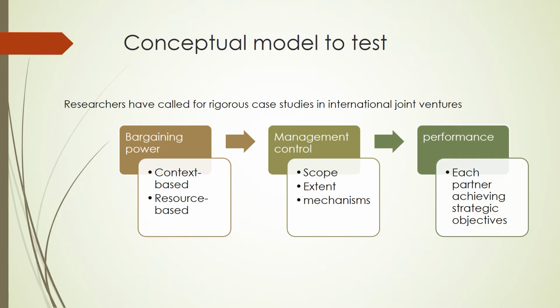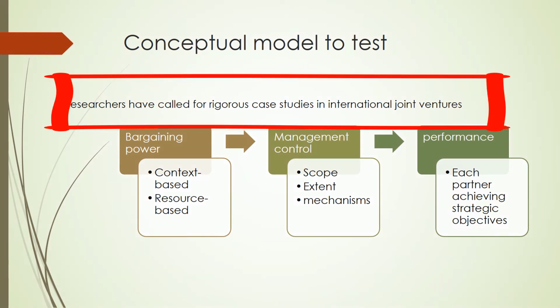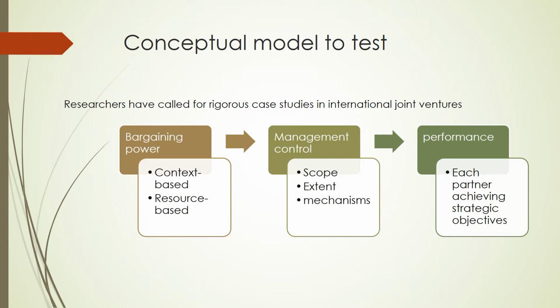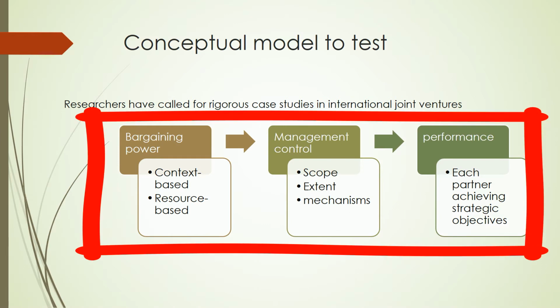With such theoretical background, and with other researchers calling for rigorous case study research in international joint ventures, they developed an a priori model which shows that bargaining power influences management control, and management control influences performance.